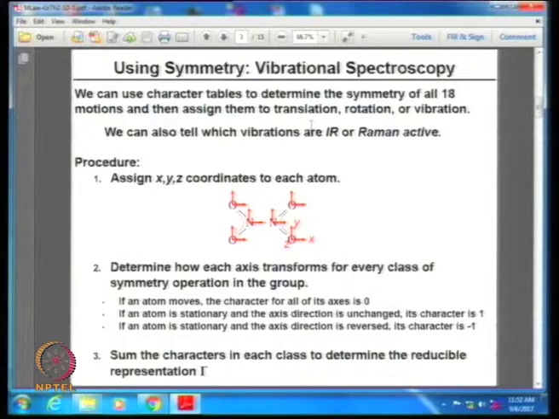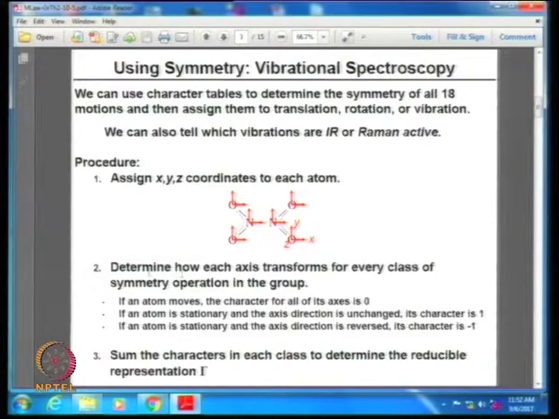Now it says we can find character tables to determine the symmetry of all the 18 motions. This is where we will get into motions like Rx, Ry also, which are translations, rotations and vibrations. So first take each of these atoms and assign x, y, z coordinates to them. Determine how each of the axes transforms for every class of symmetry operation in the group. Now because we are clever, we already know what classes are, we don't bother writing individual elements in a class.